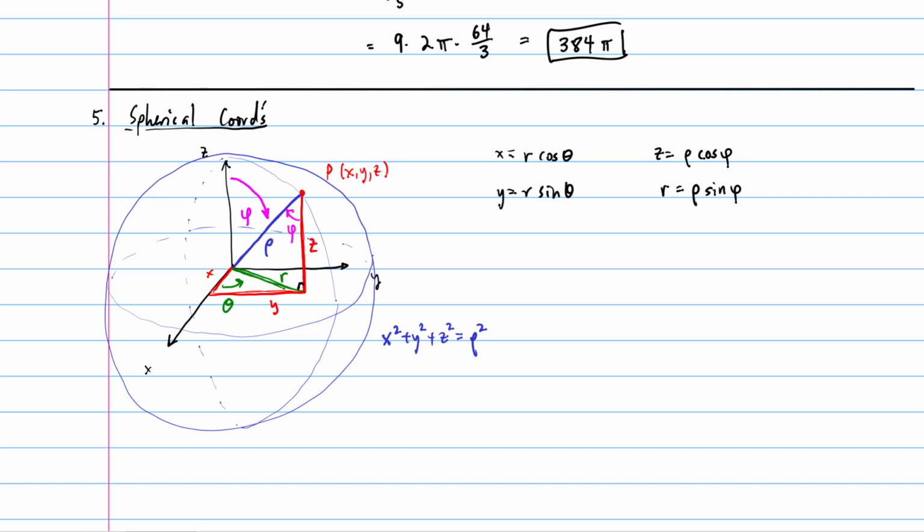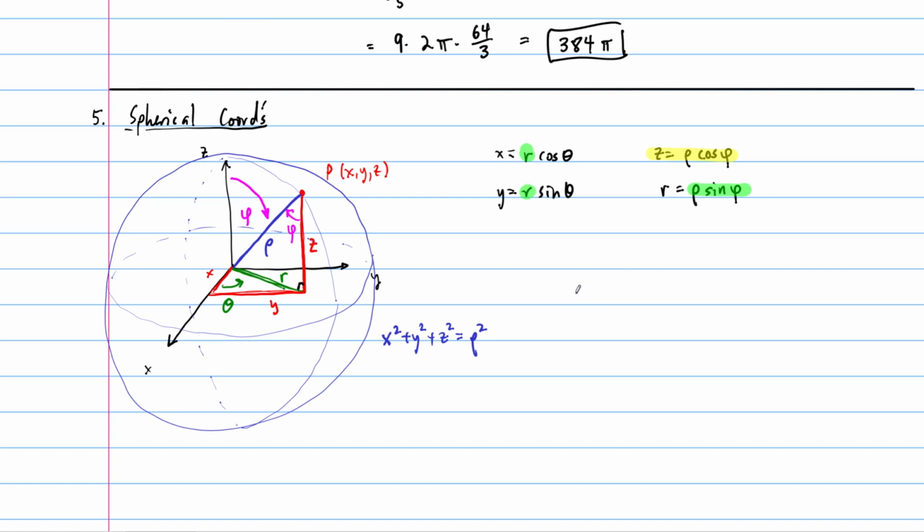Well, we're basically done, right? Because we have our formula for z in terms of rho and phi. Then what we have to do is just take our r and plug it into these two equations here to get our x and y in terms of rho, phi, and theta at this point, right? Rho, phi, theta was the right way to say it, actually. I should have left it that way.